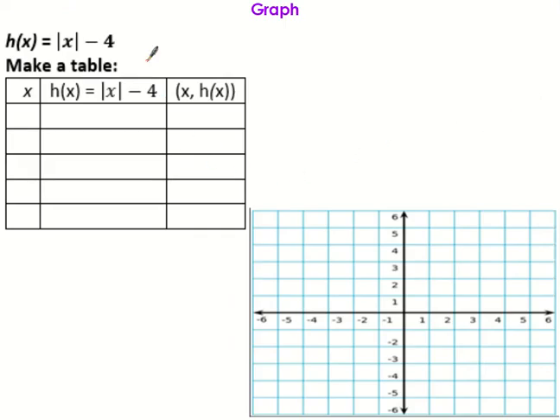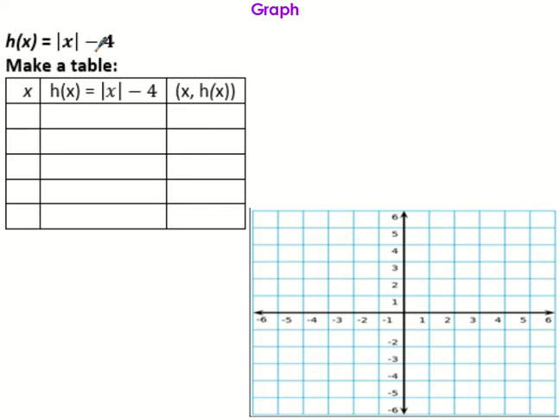So here is our table, and our function is absolute value of x minus 4, and it's our function h of x, okay? So just like on that first video, we really can kind of pick whatever numbers we want.